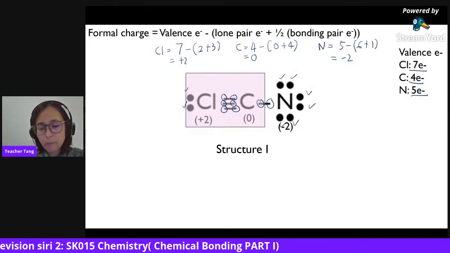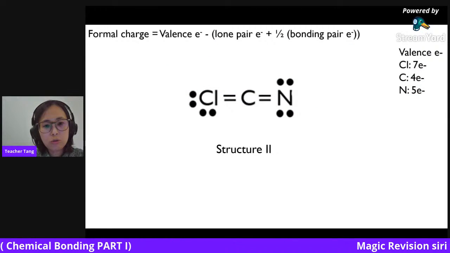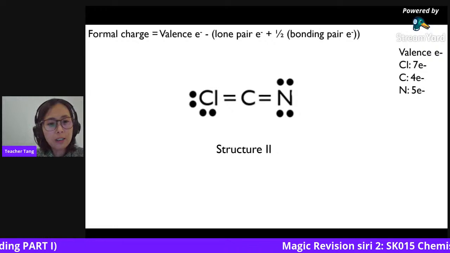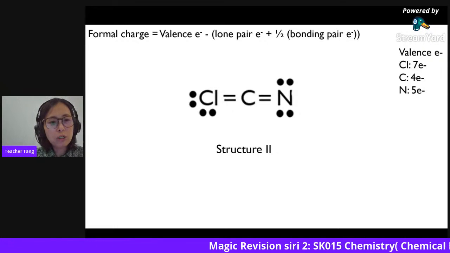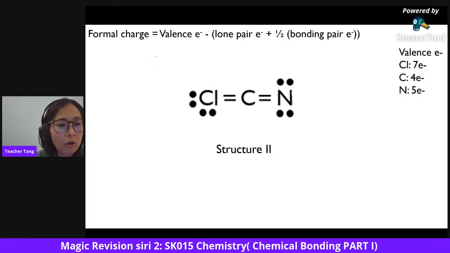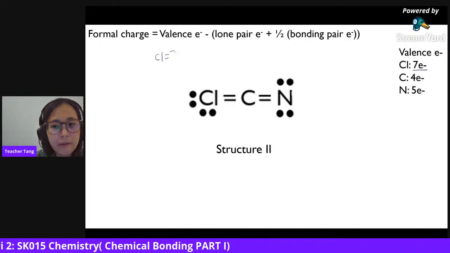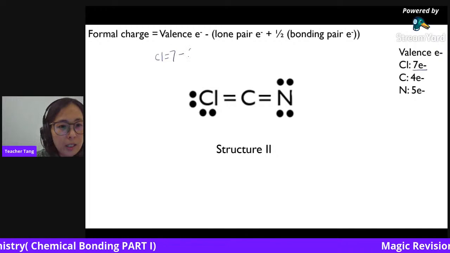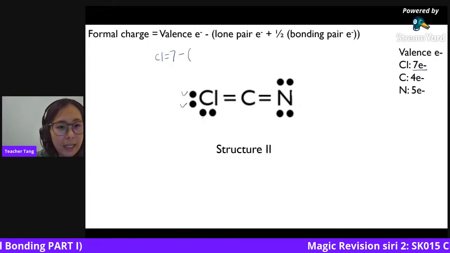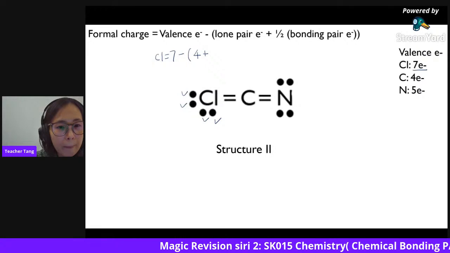So we move on to calculate the formal charge for structure 2. How to calculate it is also the same thing: use the formal charge formula. For chlorine, valence electron 7. So 7 minus lone pair electrons, 1, 2, 3, 4, so 4, plus half the bonding pair electrons.